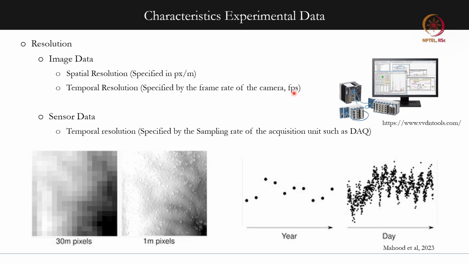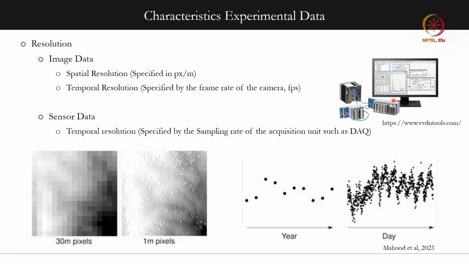The same concept applies even to sensor data. As we already discussed, a sensor does not have spatial information, it only has data in the time domain. Although the data from a sensor is essentially analog in nature, usually a current or voltage signal, we usually use data acquisition units to capture the data from the sensors. And these data acquisition units sample the data at specific time intervals.